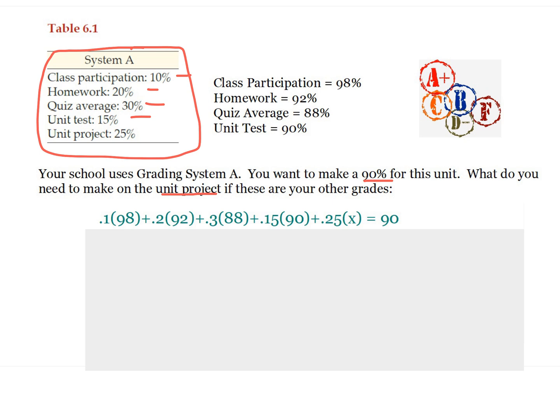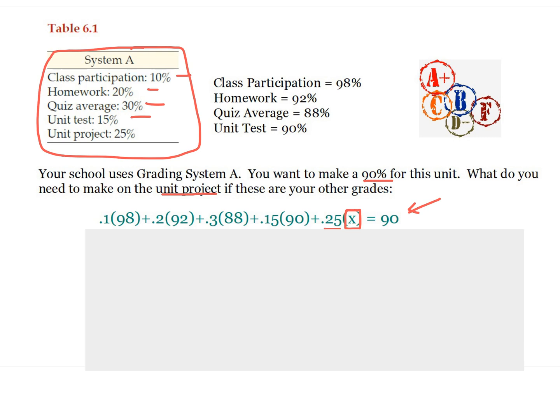Then we have a 90 on our unit test, which goes in as 15%, so that would be 0.15. We don't know what we're making on our unit project, so that is our unknown, and so we're going to put that in as X, but we do know it's going to be 25% of our grade, so we're going to multiply that by 0.25. All of that together, we want it to give us that outcome of a 90 grade point average.